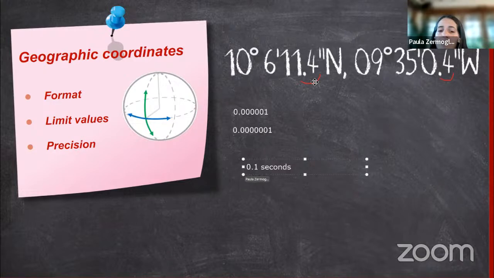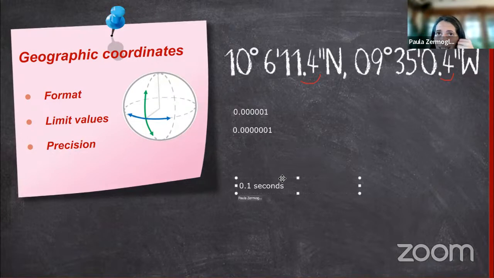Anyone? Okay, I'll answer my own question. We report precision in degrees. And so we need to convert this to decimal degrees. And so here is where the trick comes. The precision is 0.1 seconds, but we need to convert this to degrees.